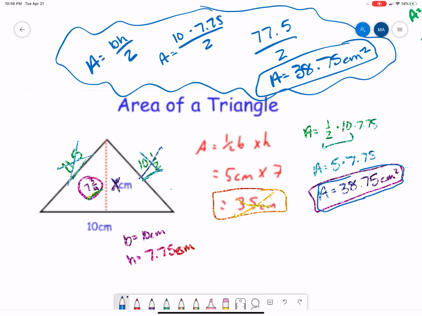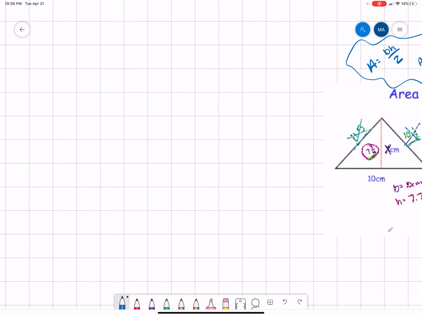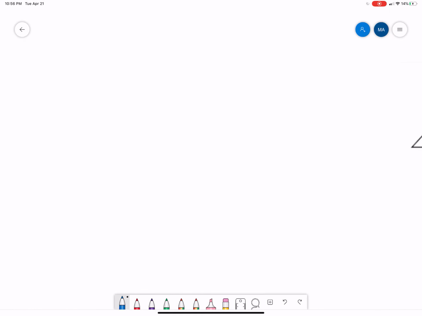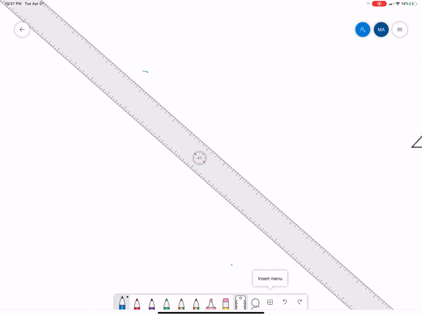Now, I mentioned this in the video yesterday, and this is kind of where we're going to go tomorrow. So I'm going to end with 2 things. I'm going to draw a shape. Don't judge my drawing. Actually, let's add a ruler.